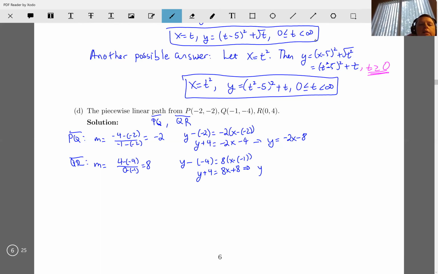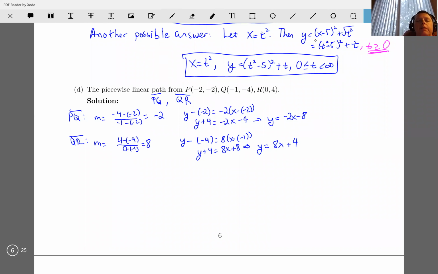So y is equal to 8x plus 4. Unless I made a mistake, but I don't think so. Okay, so we have two possibilities.